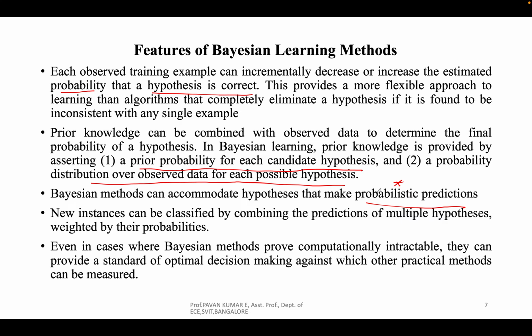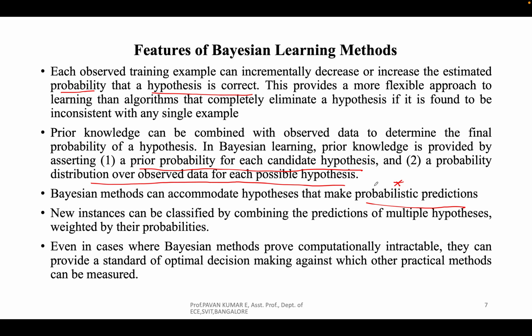New instances can be classified by combining the predictions of multiple hypotheses, weighted by their probabilities. So with every iteration in the Bayesian learning method, new instances can be classified very easily.